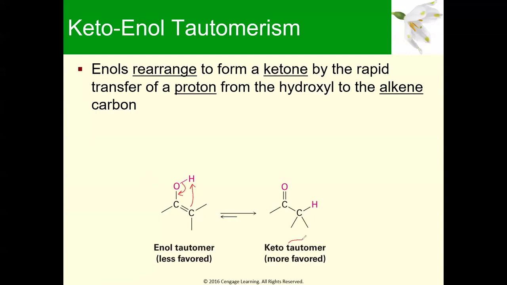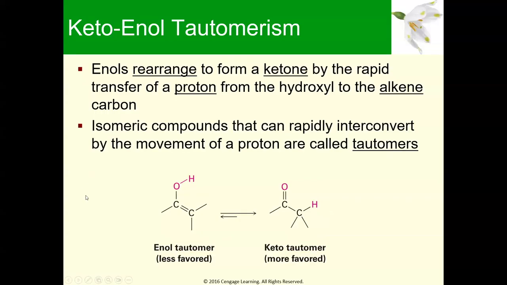Now you already see this weird word here. The name for this is tautomerism, and each of these is called a tautomer. Another vocabulary word for you. It's like an isomerism kind of situation, but normally with isomerism, you don't break bonds and reform other bonds.